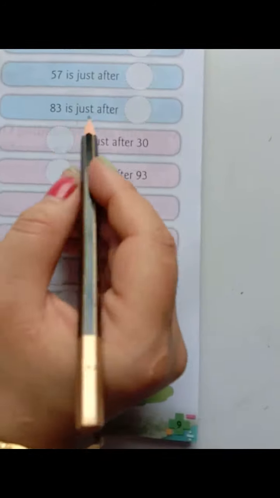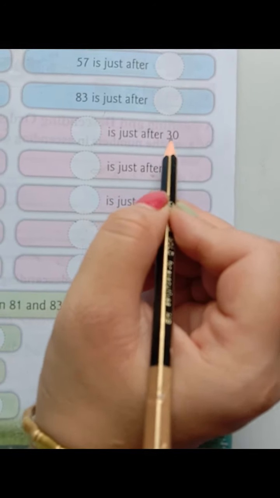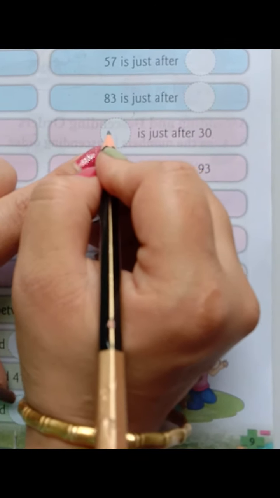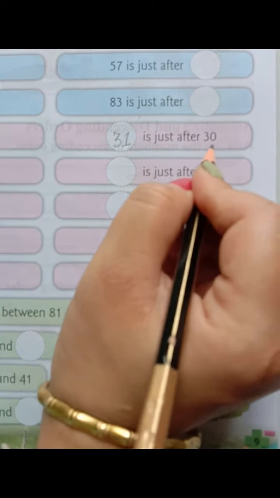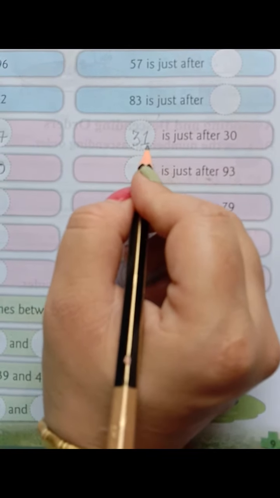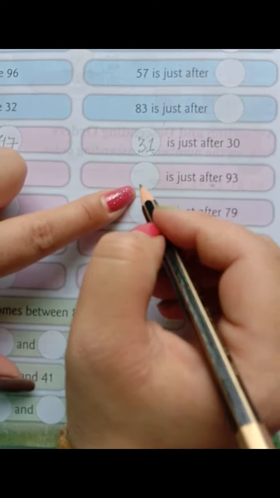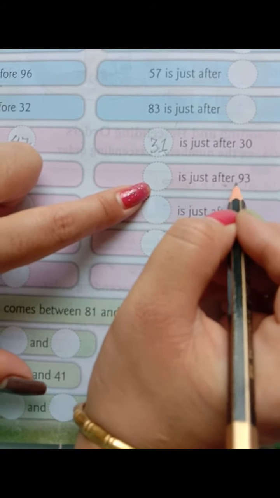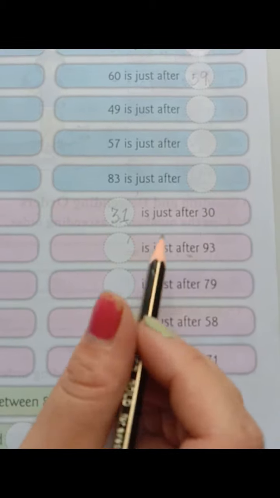Now look at the next section. Dash is just after 30. Just after 30, that means 31 is just after 30. Okay, 31 is your after number or the forward number. Okay, and next, dash is just after 93.